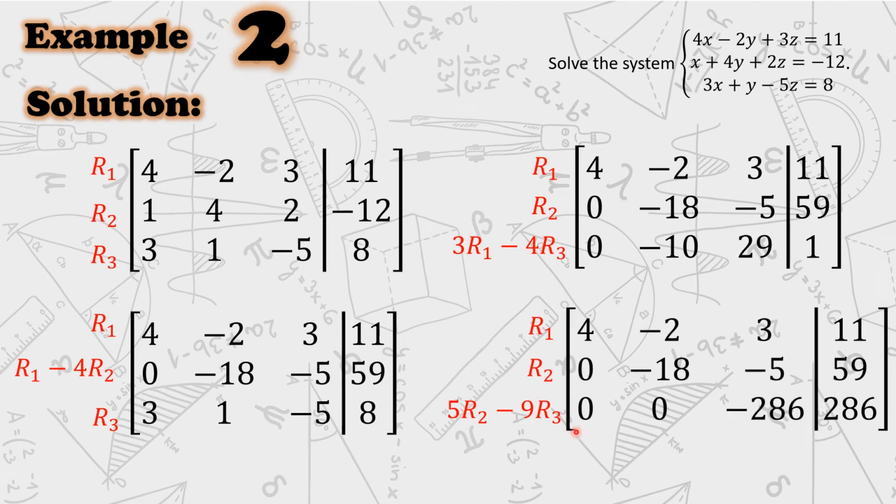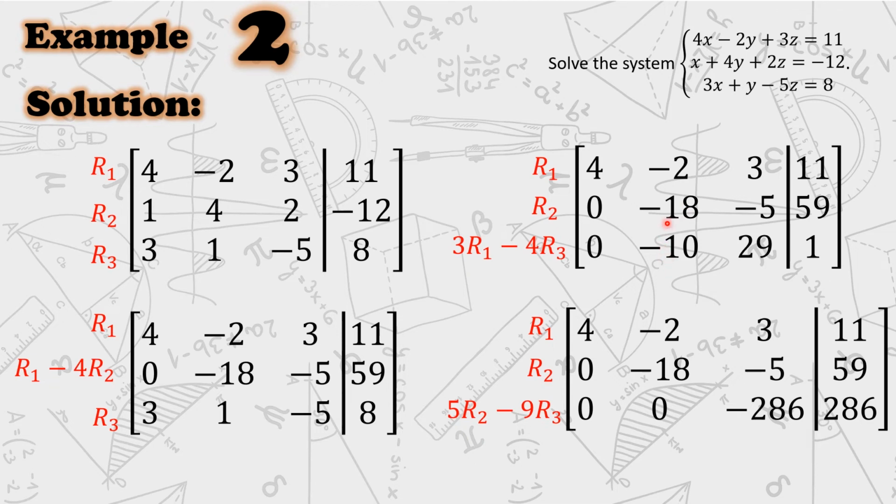Let us have the elements in the third row. So we have 0, that is 5 times 0 minus 9 times 0, and then we have 0. Next, 5 times negative 18, that is negative 90, minus 9 times negative 10, negative 90.